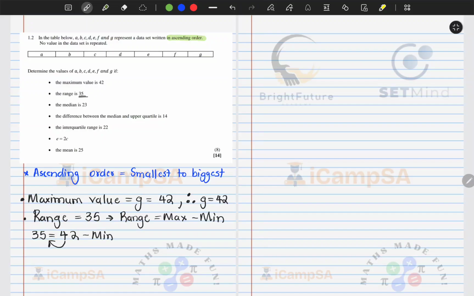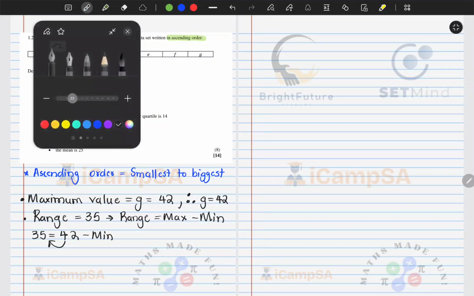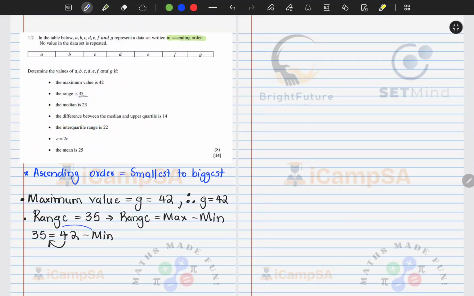So we can then transpose. We just transpose the other way around. So we take that to the side and we take this to the side. You will see that our minimum value, min, will be 42 minus 35, of which the answer we end up getting is 7.